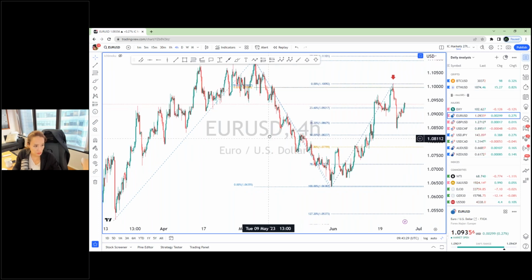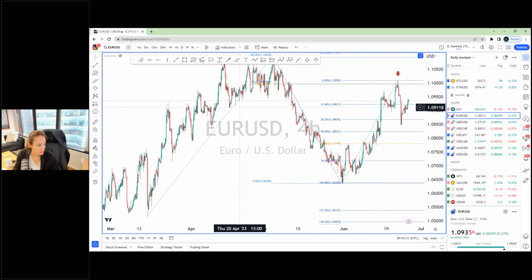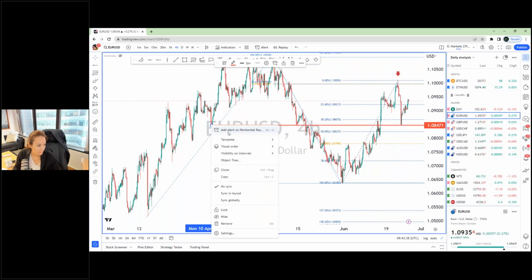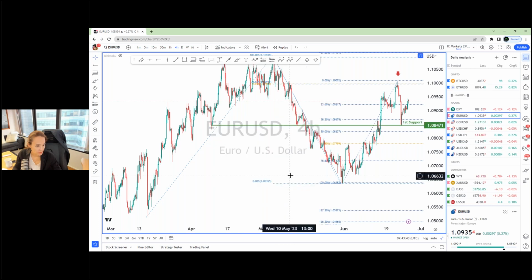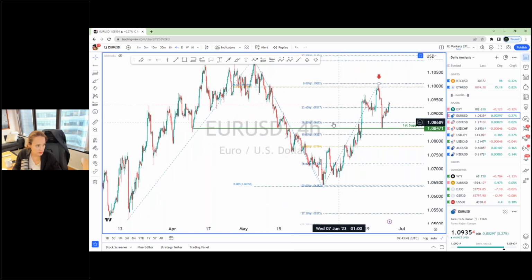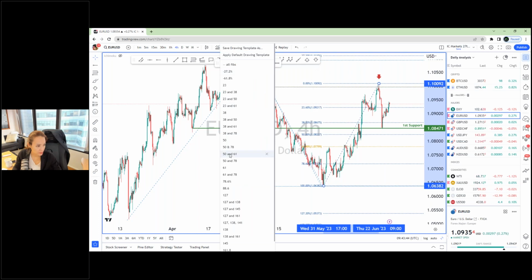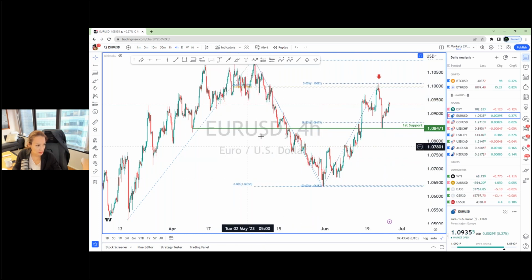And when you draw like this, you can make this your first support. Okay, and you know this is the zone where price broke, and after that it reversed. I think last week my analysis was like this.